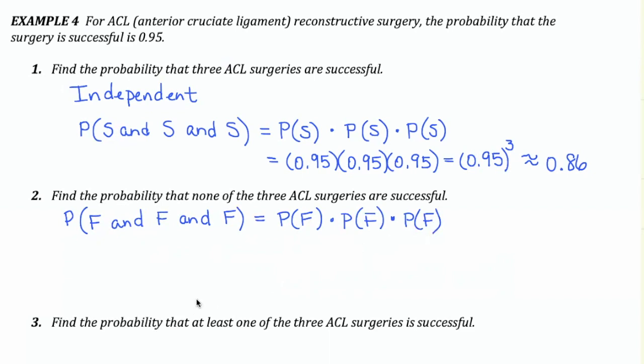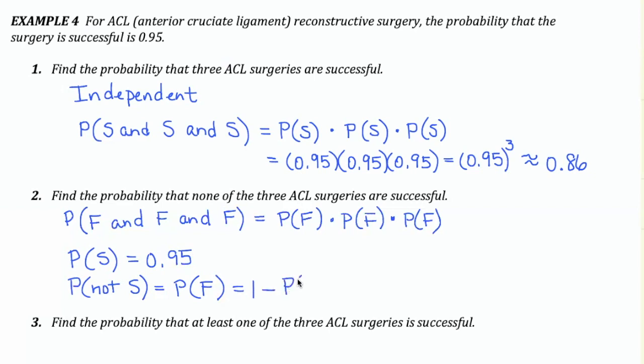Now here we want to remember our rule for finding the complement of an event. So if we know the probability of being successful was 0.95, then the probability of not being successful, which is the same as a probability of a failure, is always 1 minus the probability of the complementary event, 1 minus the probability of success.